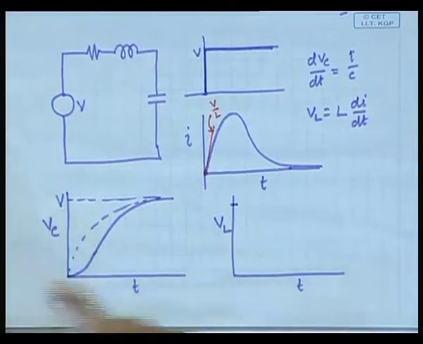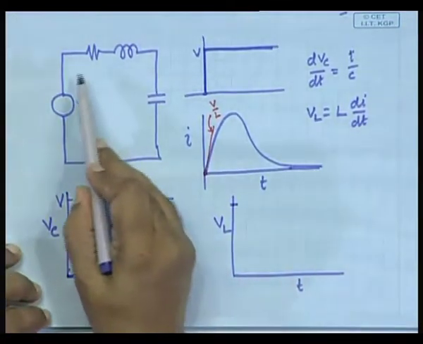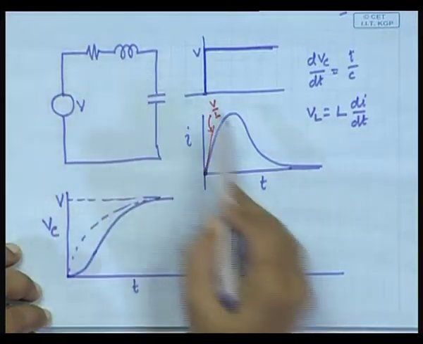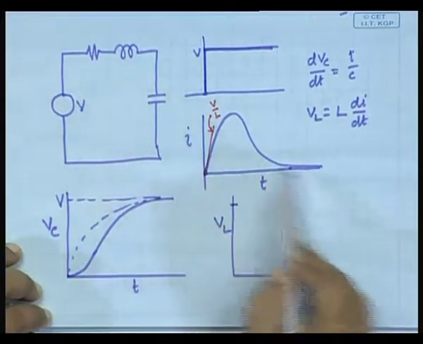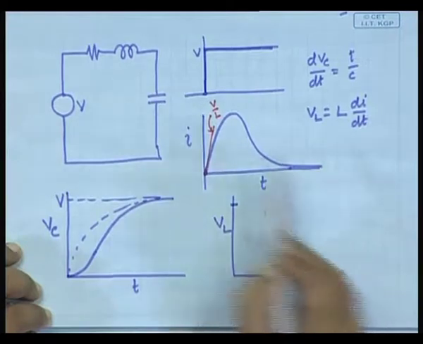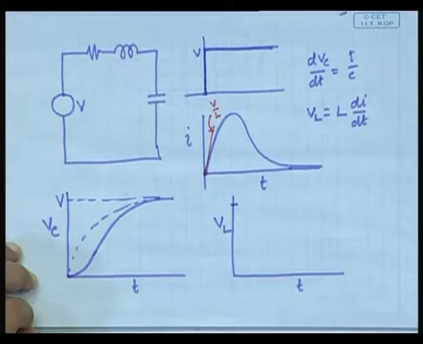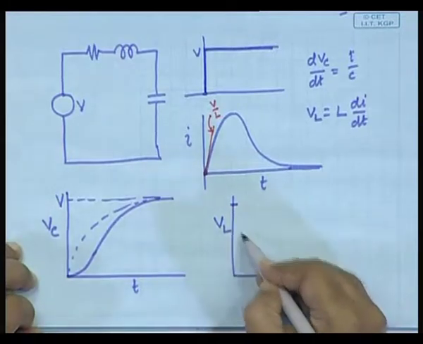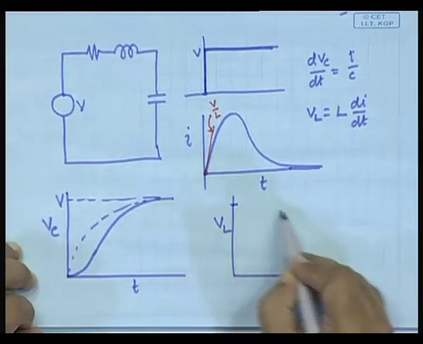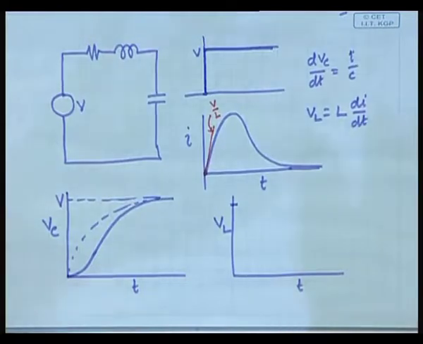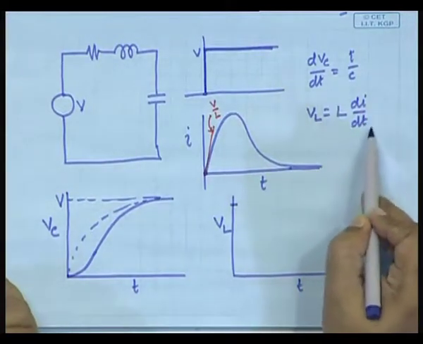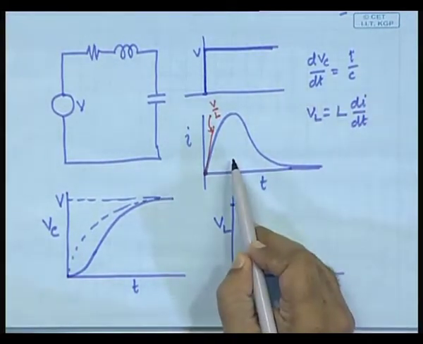After an infinite amount of time, what happens? The current again goes to 0. If current goes to 0, then di dt also goes to 0, and therefore L di dt goes to 0, it has to be 0. So, starts from here, ends here. It could be like this, it could be like that, it has many possibilities. So, what is the real thing? The point is that it has to always follow the derivative of the current function.